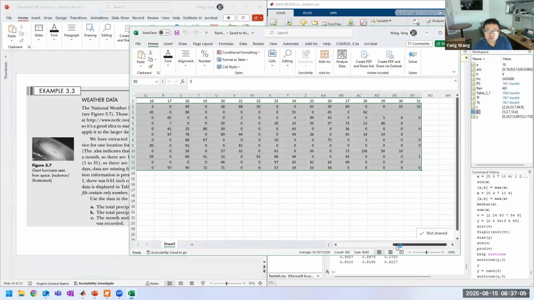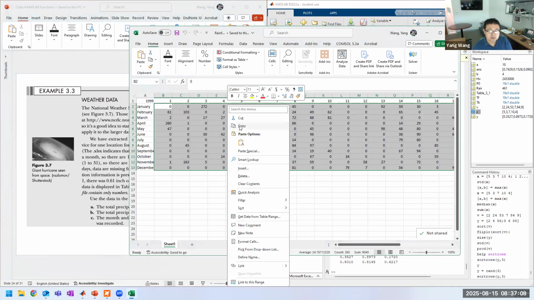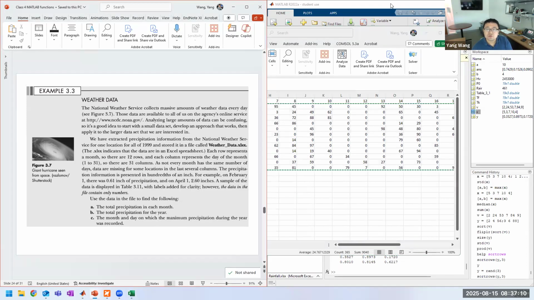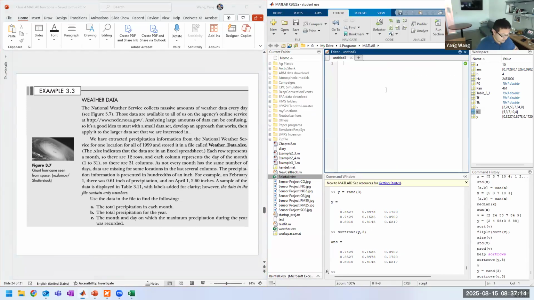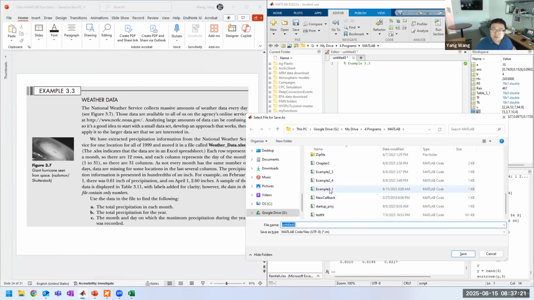Okay, so what we can do is, basically this is the data set. Let's say we go to a new function. Let's do example 3.3. Save it as 3.3.